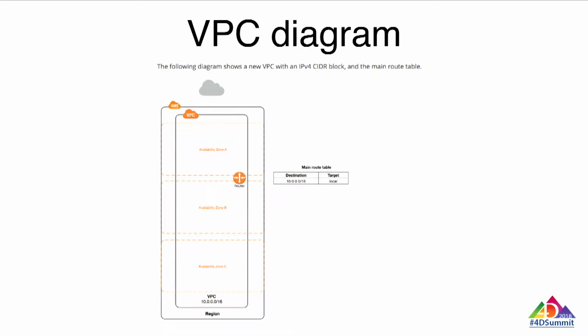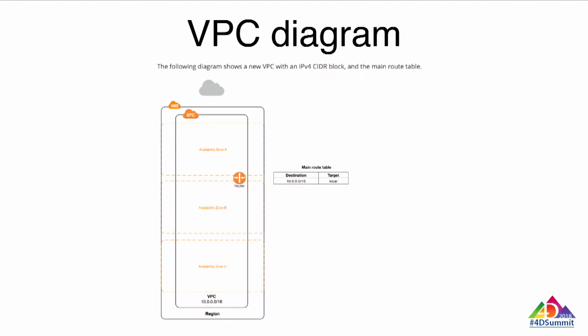So in this example, there is one VPC. You have 3 zones, and you have your subnets within those zones. So you can create a network which, for example, has a 4D database running in subnet A, in availability zone A. And if you want to secure it, so that nobody can get to that 4D database, with no direct access to the 4D server running there, then you can have a private subnet.